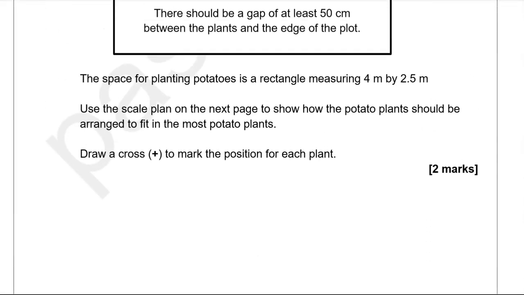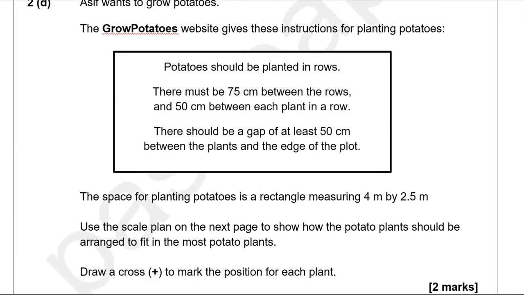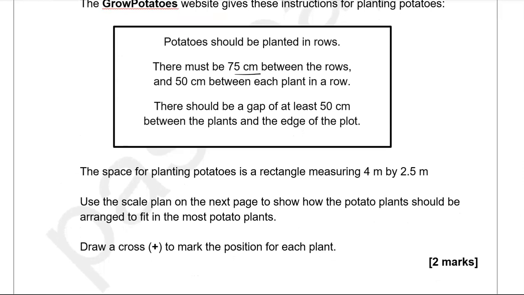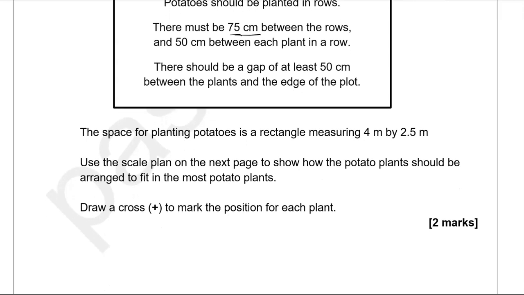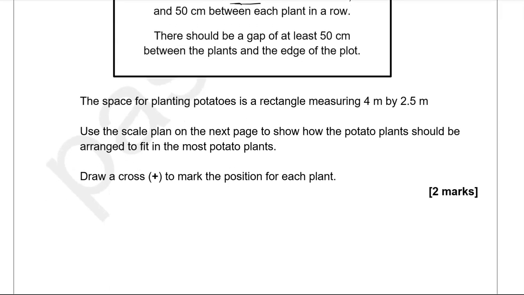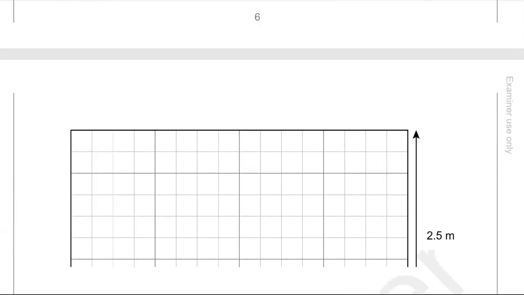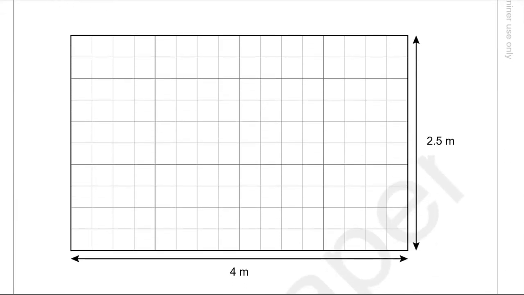So I've got the plan here, and as we were told, must be 75 centimeters between the rows and 50 centimeters between each plant in a row, and also a 50 centimeter gap between the plants and the edge of the plot. So this here is 50 centimeters, which tells us that each of the squares is 25 by 25 centimeters.